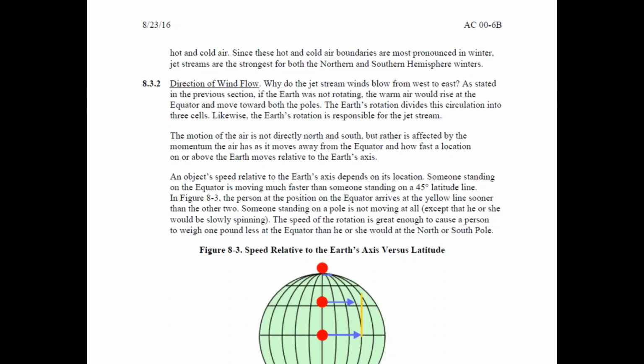If you don't have a lot of systems out there, or if you have a bunch of high pressure systems, like let's say this one was a high instead of a low, and it's spinning this way, well then this would come right over the top, and it would just go straight, because it would pick it up right here and carry it over. So when you see the jet stream just going straight, it's because it's going over pressure systems that are the same, they're all highs, or they're all lows.